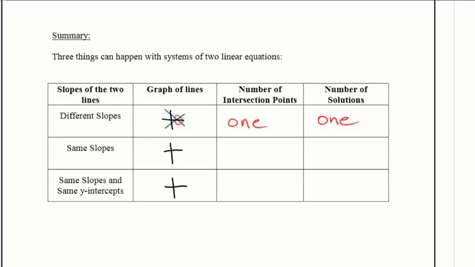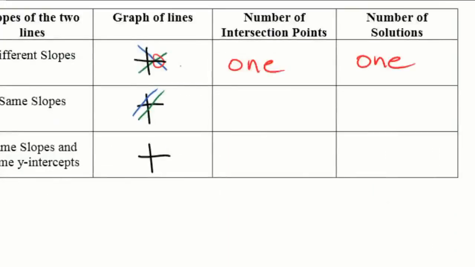If I have lines with the same slope, we can call it 0 solutions. 0 intersections, 0 solutions.